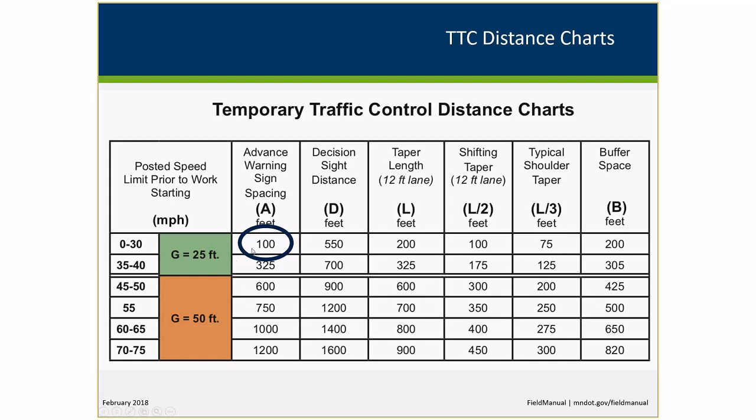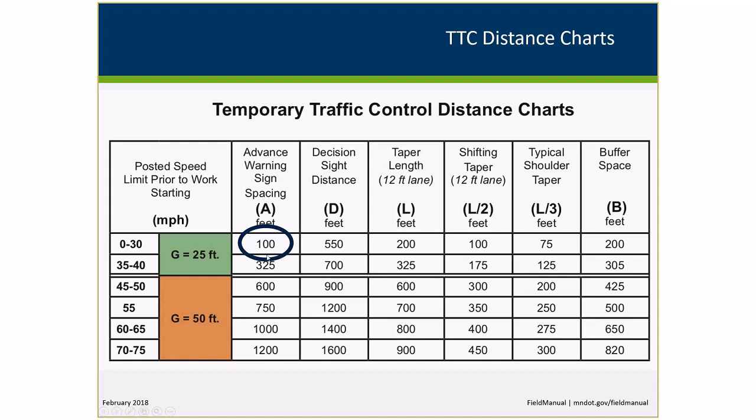Prior to this, I believe this was 275, and in urban areas where you've got tight blocks, some blocks that are only 600 feet long, once you start putting out the advanced warning sign spacing at that large distance, you covered up an entire block with just the signs, and it doesn't really help guide the traffic very well. The federal MUTCD allows down to 100 feet, and so we ended up modifying our guidance down to 100 feet in order to meet more urban type situations.